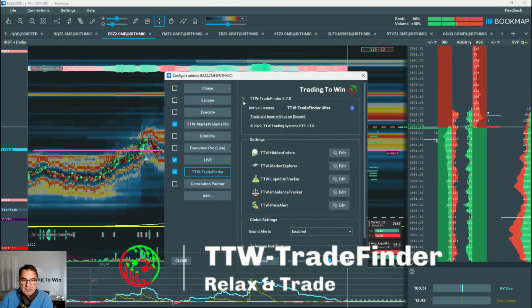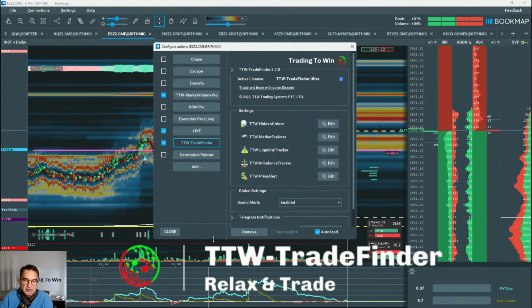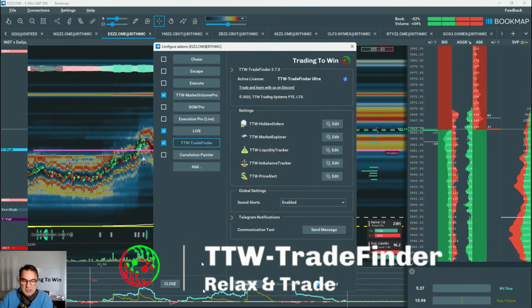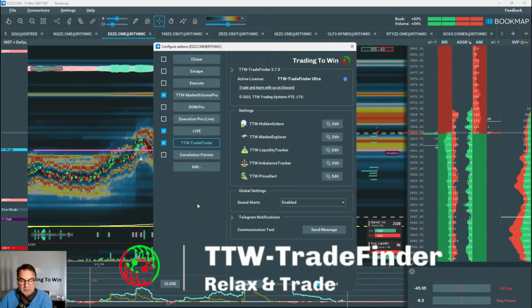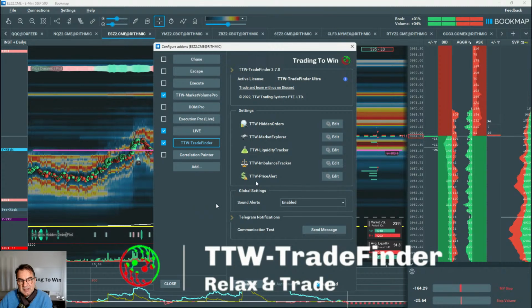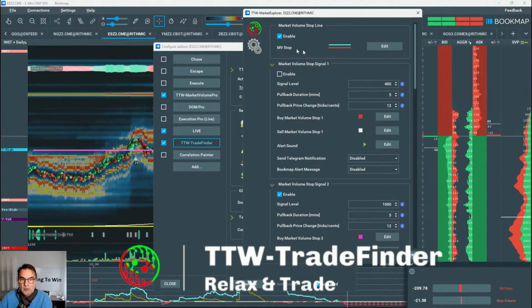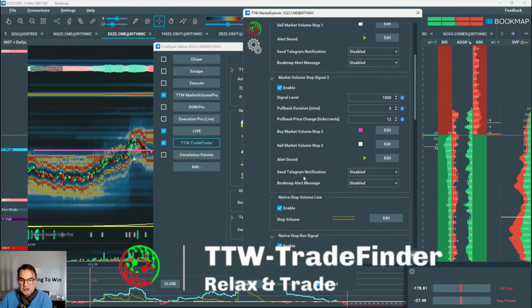That's really something absolutely fantastic, what we did here with TradeFinder 3.7. It is a rewritten, new piece of software, and we did a lot of enhancements and improvements, not only performance improvements but enhancements in handling all the settings. We added 2 market volume stop signals just to filter.